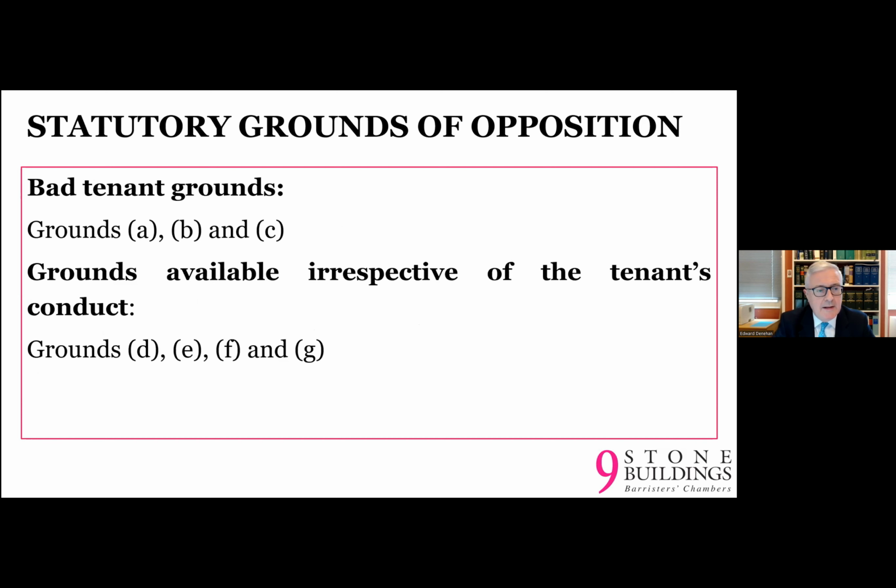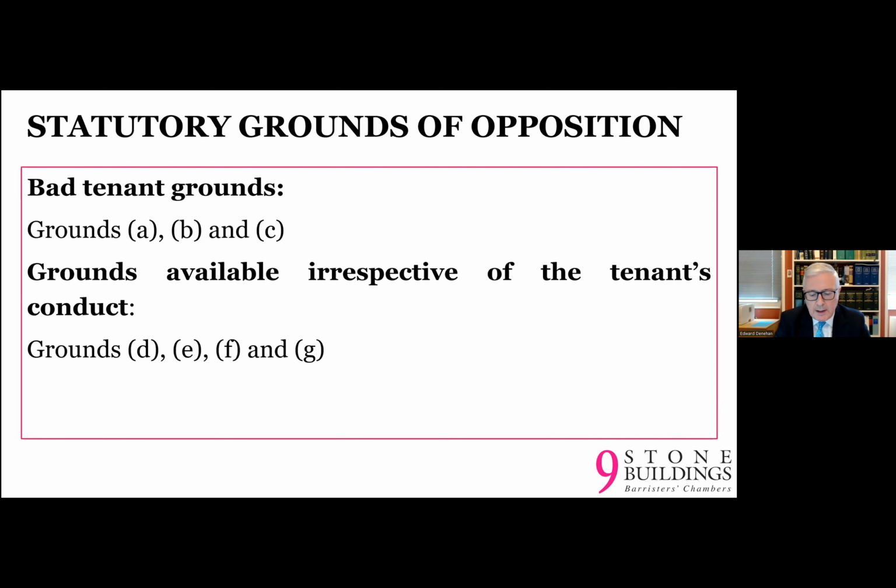It's accurate to say that the grounds A, B, and C are what are sometimes called bad tenant grounds. They are available to the landlord if the tenant is in breach of some obligation owed to the landlord, as we'll consider in a short while. The grounds in D, E, F, and G are available to the landlord irrespective of the conduct of the tenant.